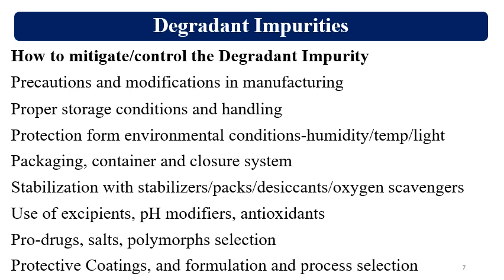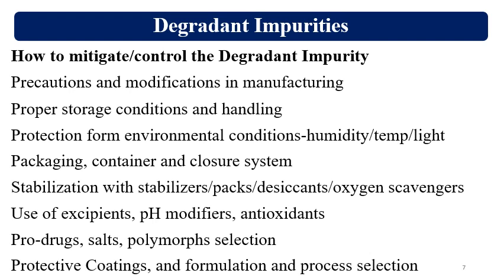Many times you may find that some of the formulations are stored in HDPE bottle with silica gel or molecular sieve, or the combination of both can be used, and also sometimes the oxygen scavengers are used. Then use of excipients, pH modifiers, antioxidants. Some excipients have stabilization effect for the drug, and by the use of those excipients, the degradation impurities can be controlled.